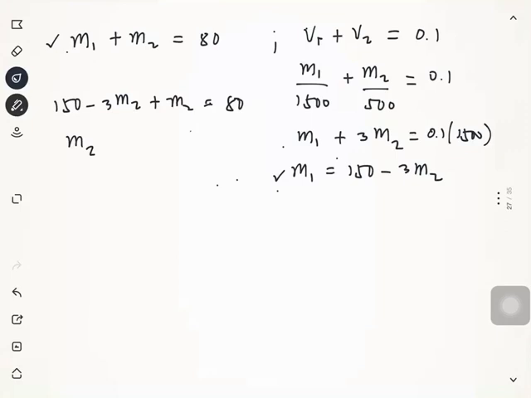So we have the mass m2. This is equivalent to 35 kilogram.